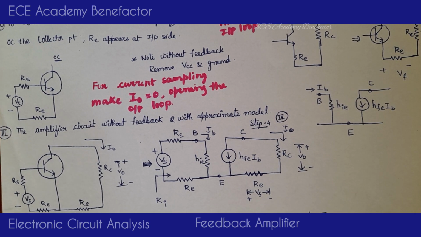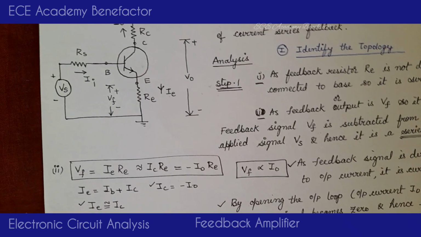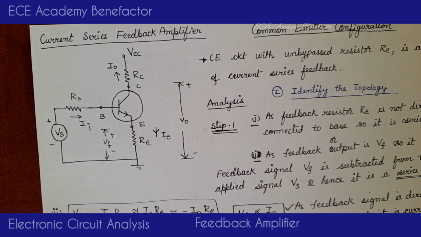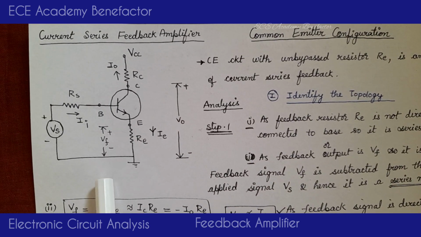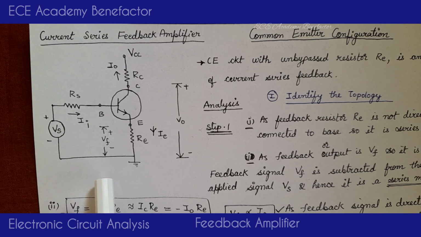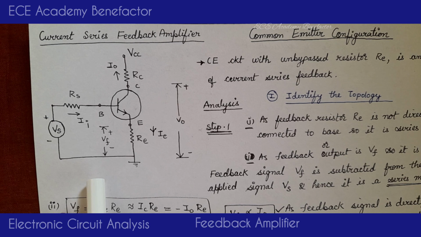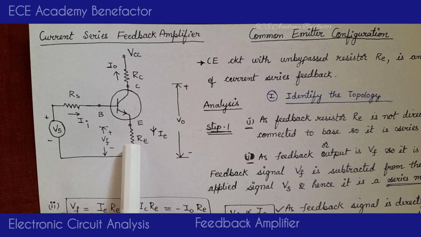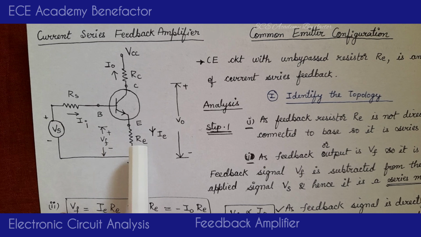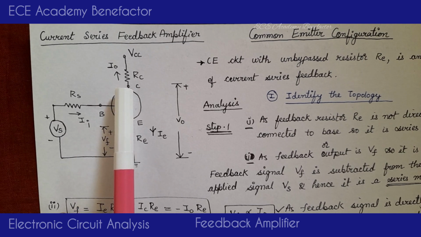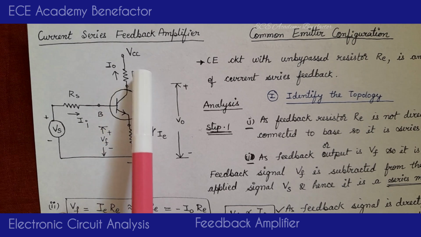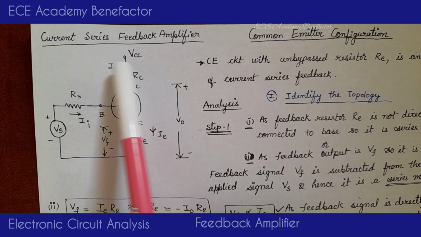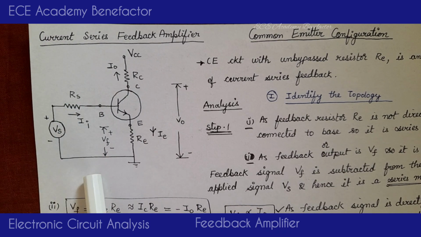So till now what we have done? First we have drawn a circuit. What is the name of this circuit? This is a current series feedback amplifier. The other name of this amplifier is CE amplifier circuit with unbypassed resistor Re. Why is it a CE amplifier? Because the output is taken at the collector. So we got a current series feedback amplifier and we are doing its analysis.